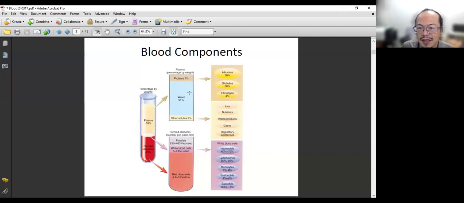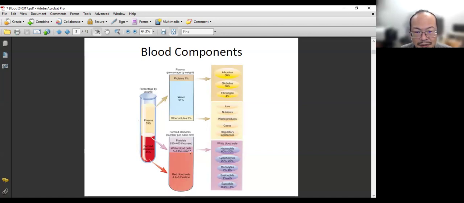Which of the following is not part of the plasma? Blood cells are not part of the plasma. Which of the following is part of the plasma? That will be these proteins: albumin, globulin, and fibrinogen, right?